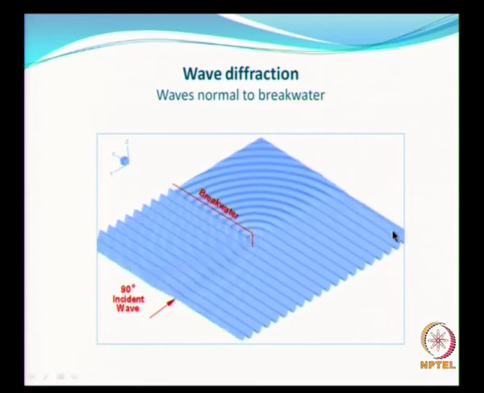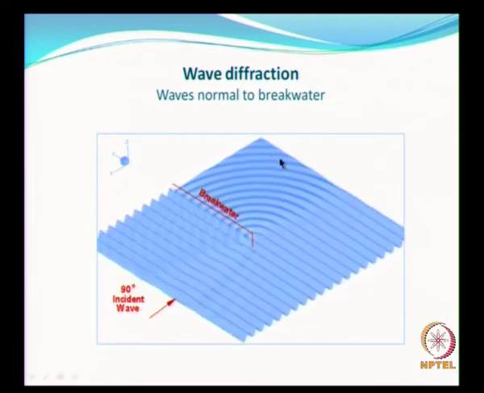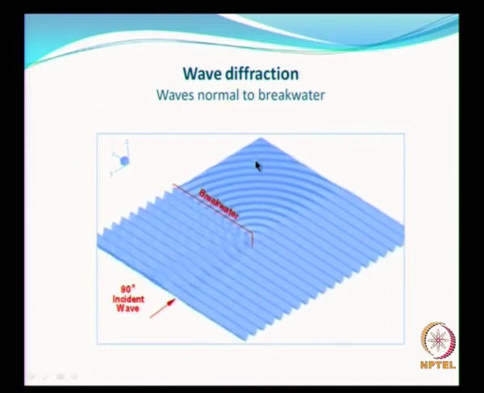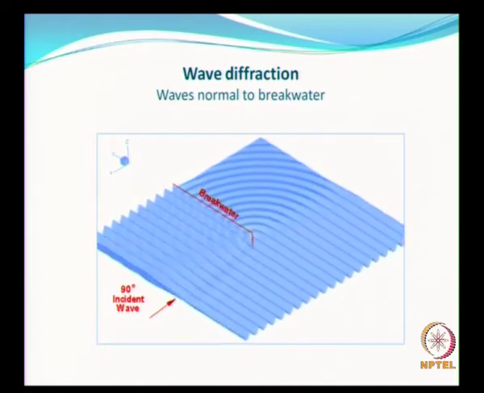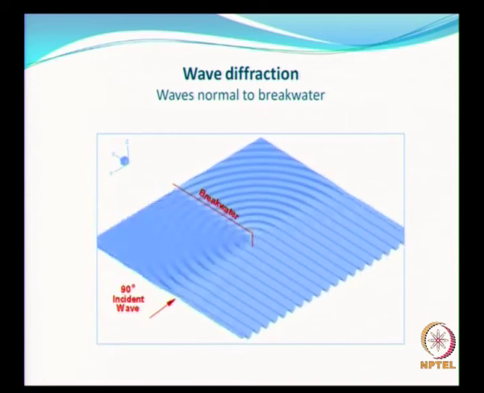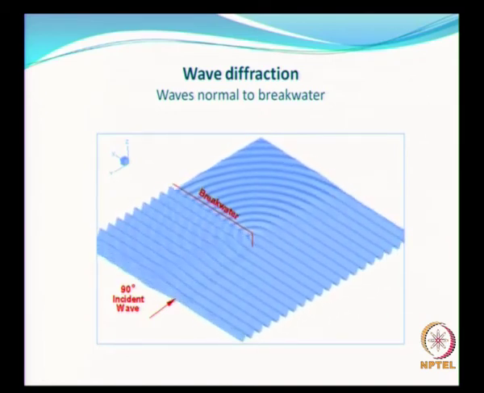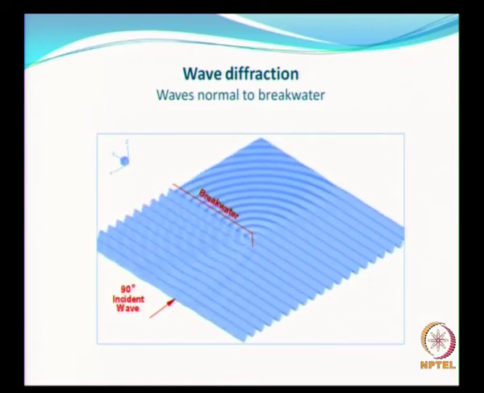This is what I was explaining earlier, and you look at the diffraction, and naturally here the wave climate is expected to be very very less, and you look at this area you see that you have the reflection taking place. So this animation itself shows us the phenomena of diffraction very clearly.